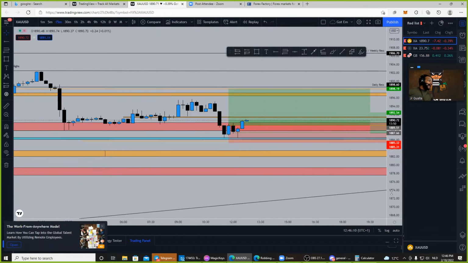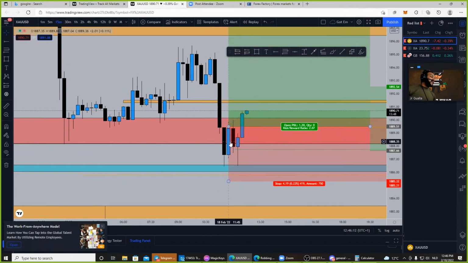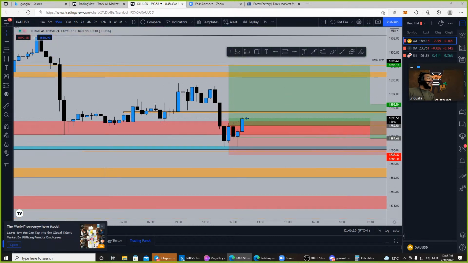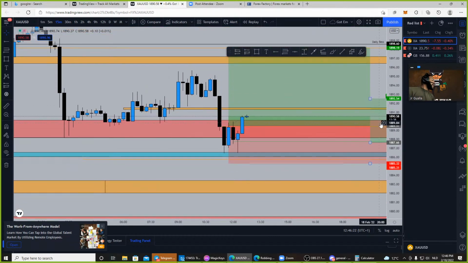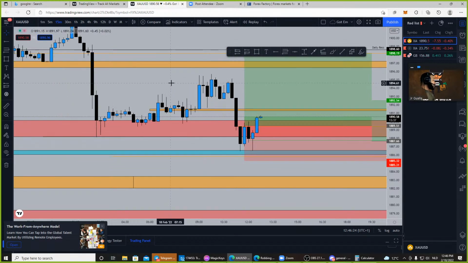Now the 15-minute, I was anticipating this 15-minute candle right here at 11:45. I saw it engulf, and I trade price action, and 15-minute engulfing candles on gold make you a lot of money. Backtest it: when you're at support, when you're at resistance, look for 15-minute engulfing candles. And I like to practice what I preach.